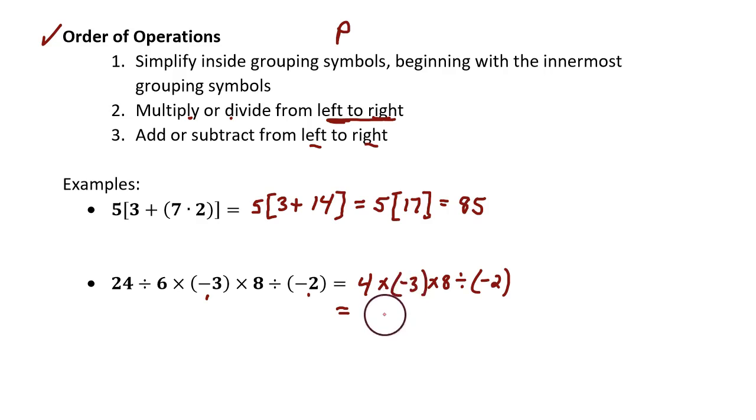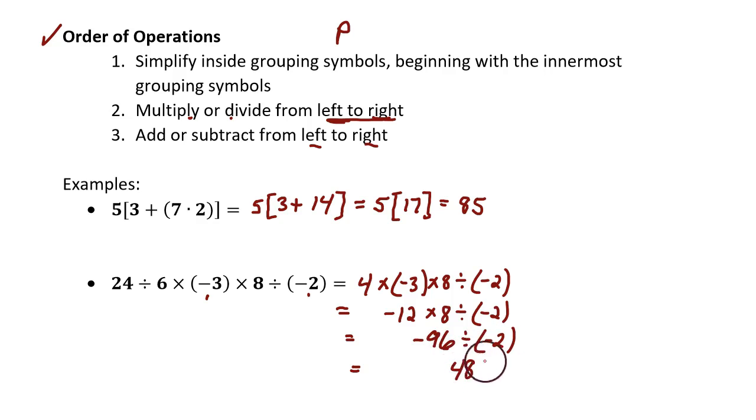Four times -3 is -12. Everything else is still there. -12 times 8 is -96. And -96 divided by -2 is +48.